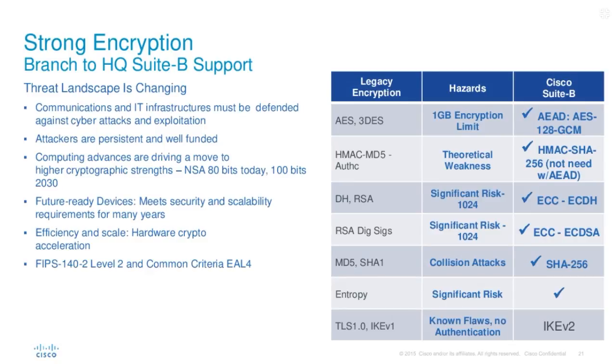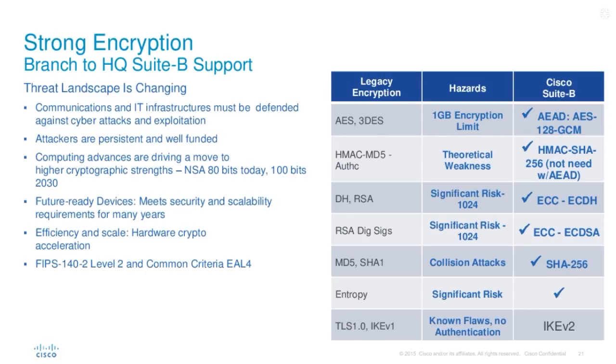When you're looking at strong encryption, and this in particular is along the lines of FIPS 140-2, the conversation is along the lines of we want the Suite B support, which is really an entire crypto suite upgrade, not just moving from triple DES to AES from a confidentiality standpoint.